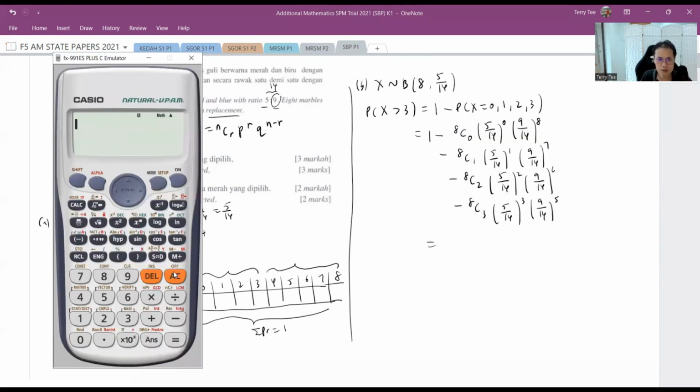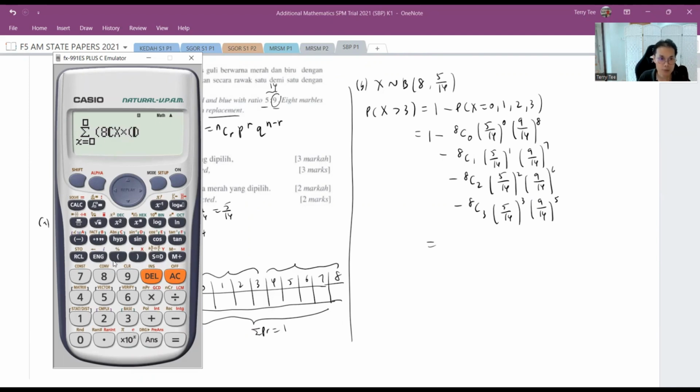Now, one advantage of using this calculator is that it has a summation function. So I can press shift, sum, here, sum. I type in the general formula. Since I want more than 3, that means I want 4 onwards, right? So first I write a general formula. 8, choose alpha x.